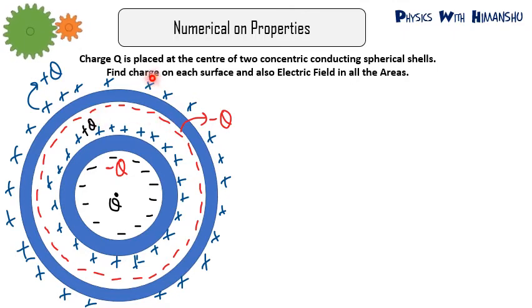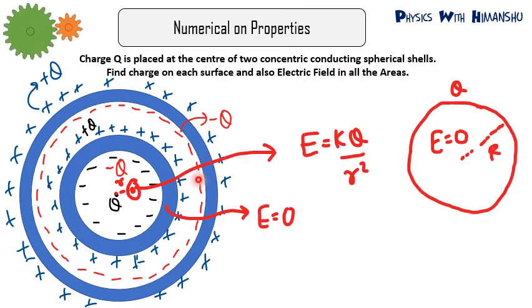Now this is about finding the charge on each surface. Now we'll come to the next topic, that is the electric field in all the areas. Suppose we have to find the electric field at this point at a distance r from the center. At this point there will be electric field only due to the charge at the center, that is kq by r square.